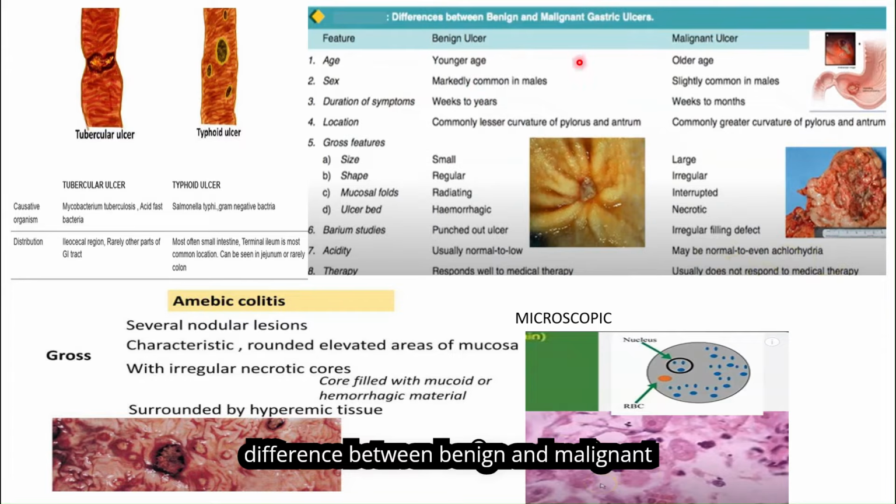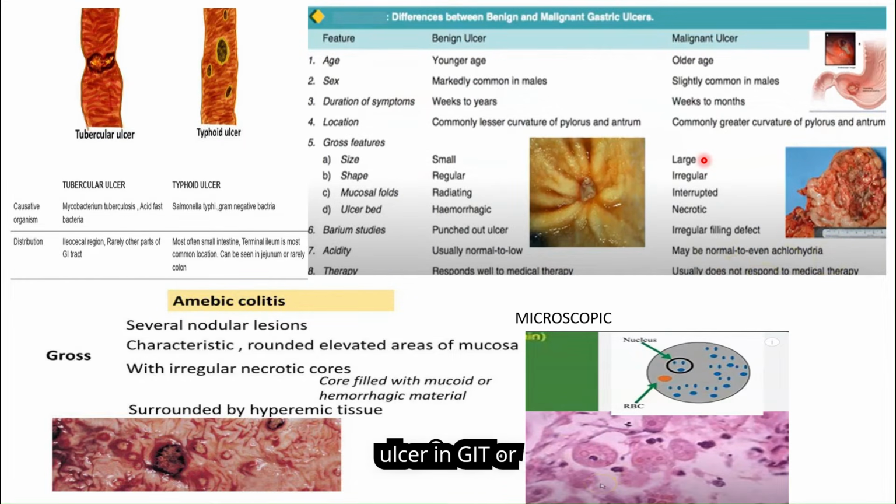Difference between benign and malignant ulcer in GIT or gastric ulcer, right? So you can appreciate regular ulcer with mucosal folds radiating, while irregular ulcer with necrotic base and heaped up margin.